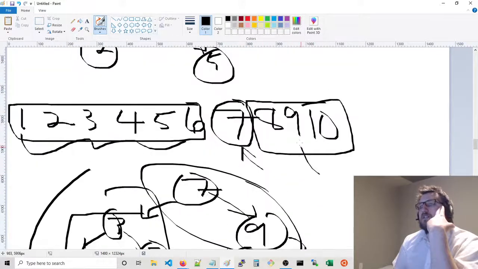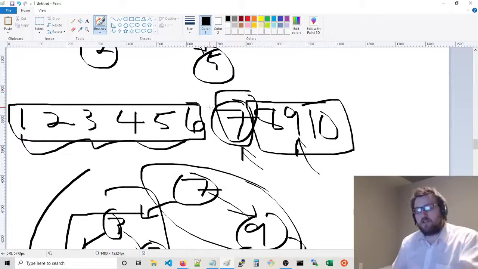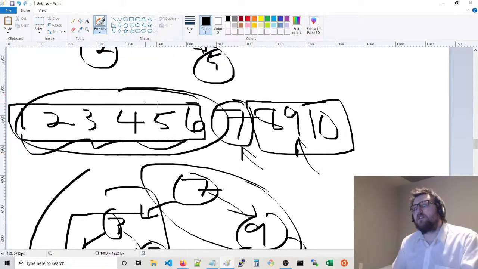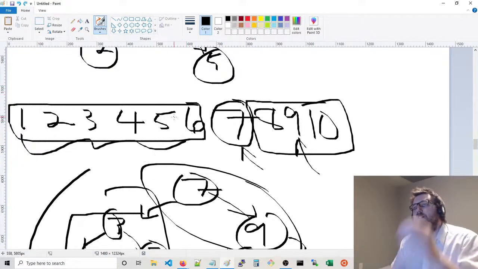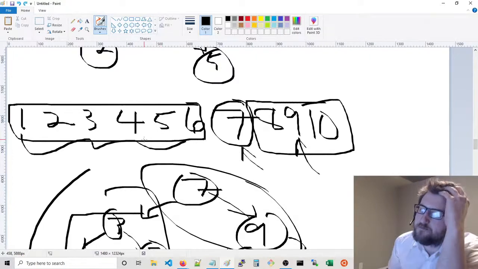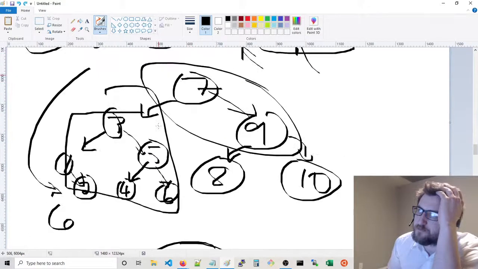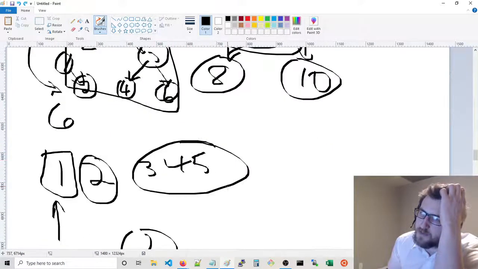So you take this middle element, make this the root node, and then you recurse on the smaller values. Something like that.